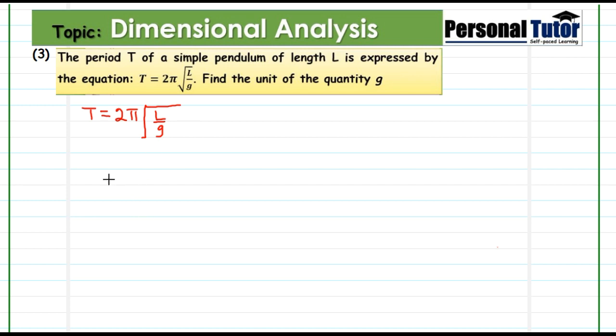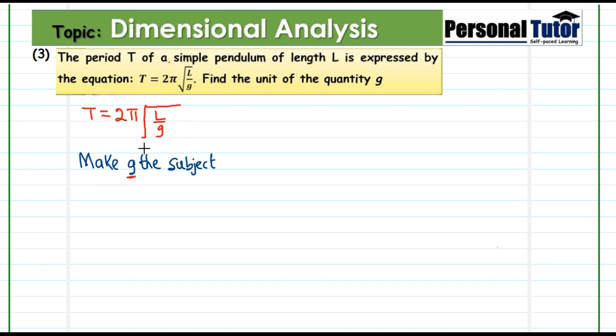Great. Here it is T which is the subject, but we are looking for G. And so let's make G the subject of the relation before we can talk about its unit. And G is under a square root, and so you will have to square both sides.